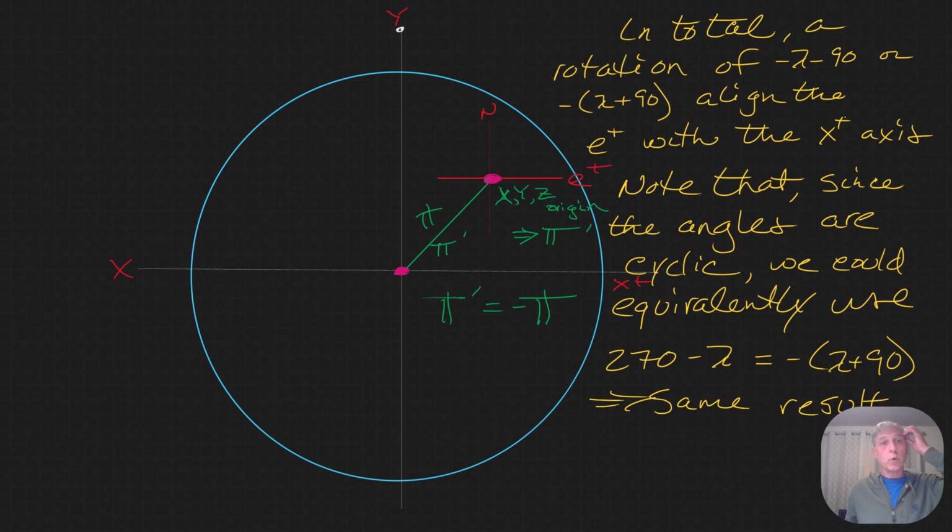So in summary, we have rotated our z-axis, and we've rotated our up axis to align with z. We've rotated our positive e-axis to align with the positive x-axis. And once that's complete, we need to translate. And we can do all that in one matrix equation, right?